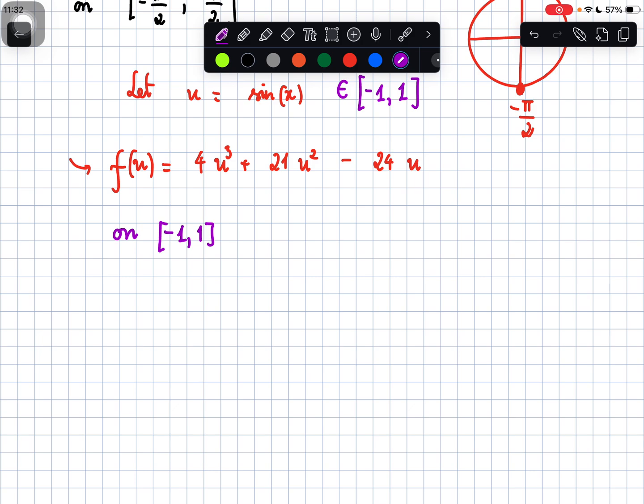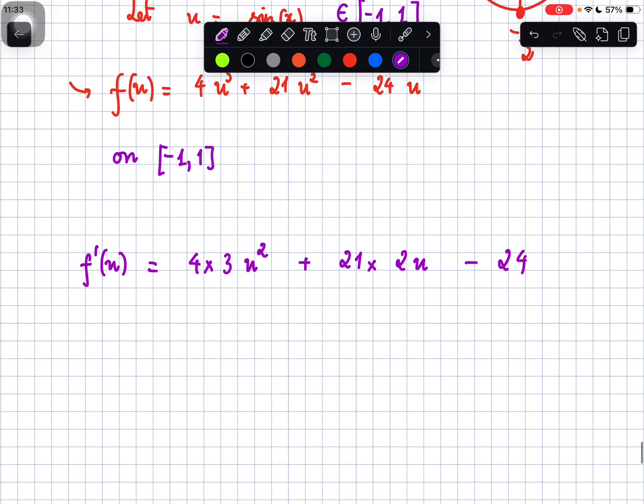So let's find the critical points of f here. F prime equal to 4 times 3 u squared plus 21 times 2 u plus 24, equal to 0.